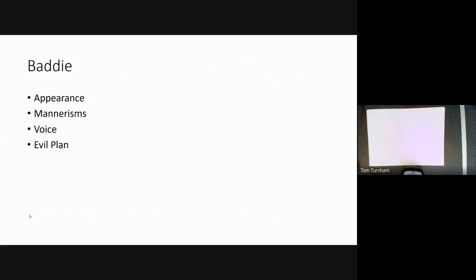And then what their evil plan is. Because, of course, every bad character, every baddie has an evil plan. And it might be really evil, like blowing up the world. And it might be less evil, like banning sweets in school. So you've got to decide who your baddie is, what they look like, how they move, what they sound like, and what they're trying to achieve.